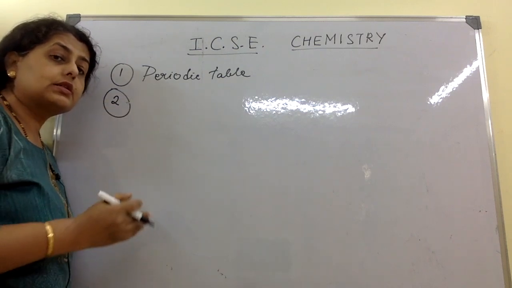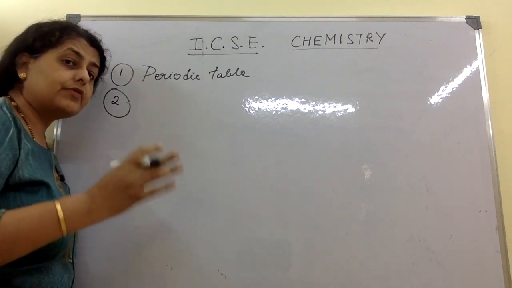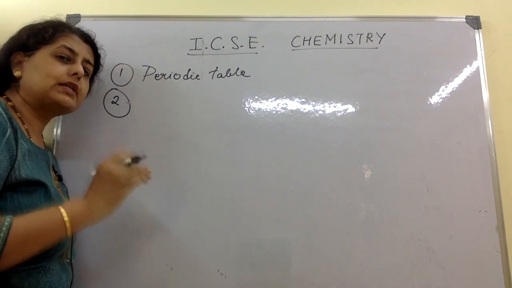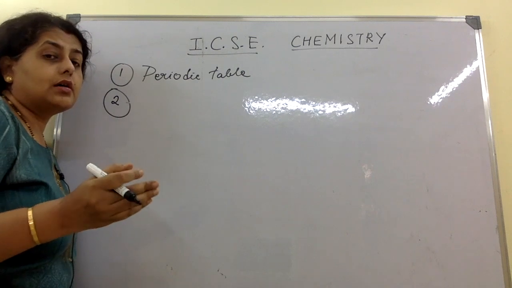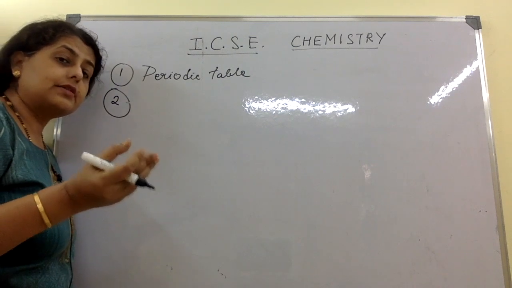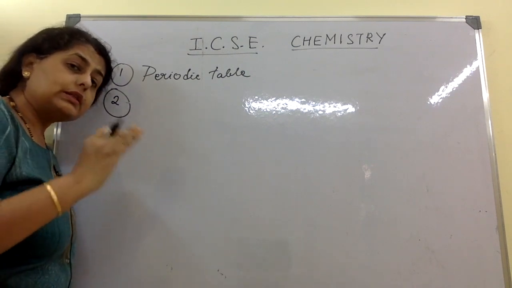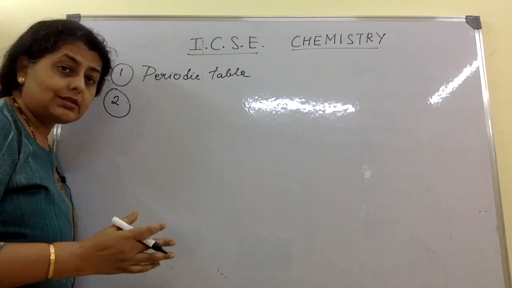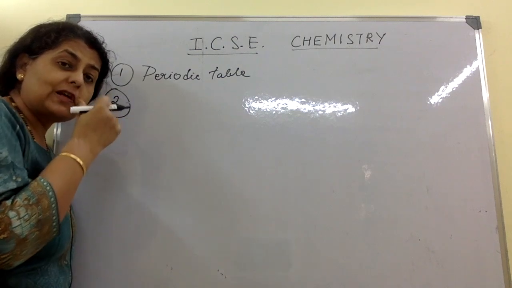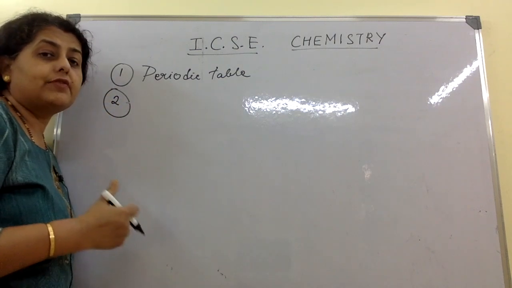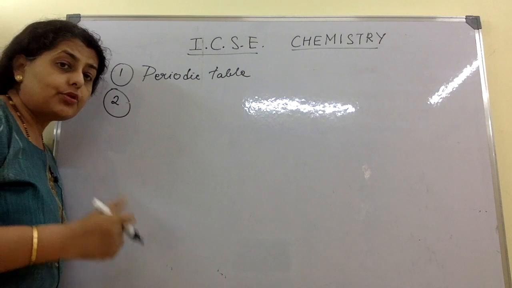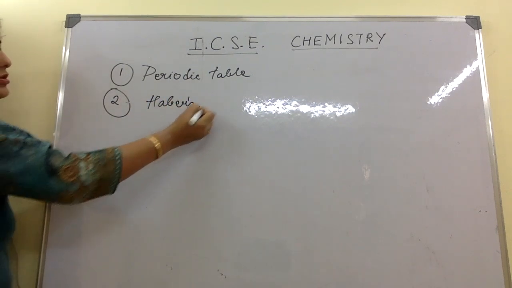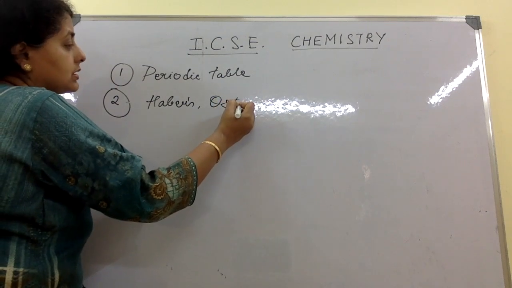Conditions, difficulties, method of collection, and questions like why is sulfuric acid not made directly, why is it later made from oleum. All these small questions based on the methods, you will have to do very well. Special importance to Haber's, definitely. Haber's process, then you have Ostwald's.